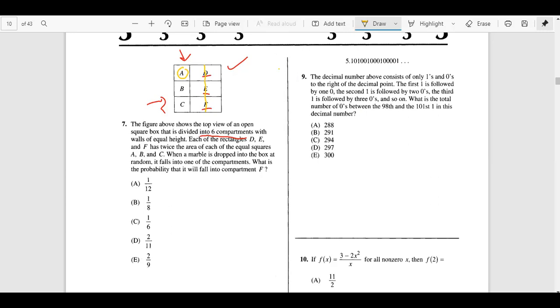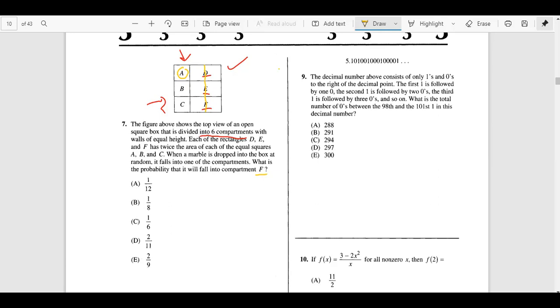When a marble is dropped into the box at random, it falls into one of the compartments. What is the probability that it will fall into compartment F? Now I agree that we have not studied probability, but we will study it in chapter 8. Still, this question can be done. We know how we calculate probability.